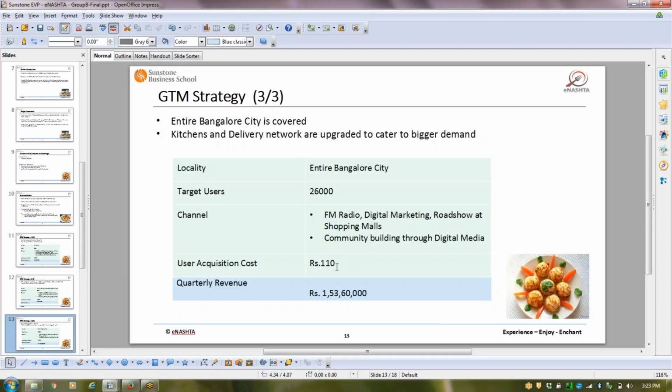If you're in any B2C business, it's very important that you have good control on your customer acquisition cost. You need to have the right strategy and tactics to reduce it. If you're not able to reduce your customer acquisition cost, you will not be able to turn your business profitable.